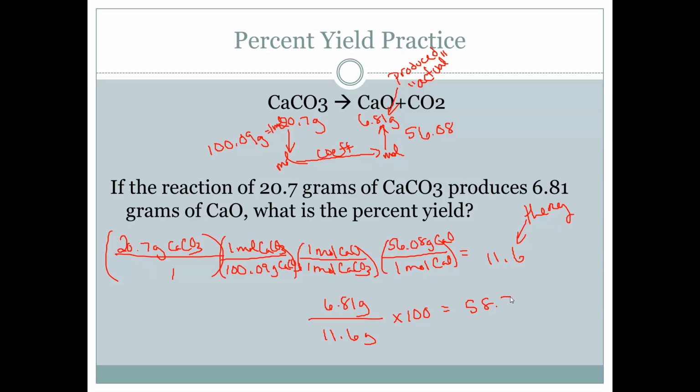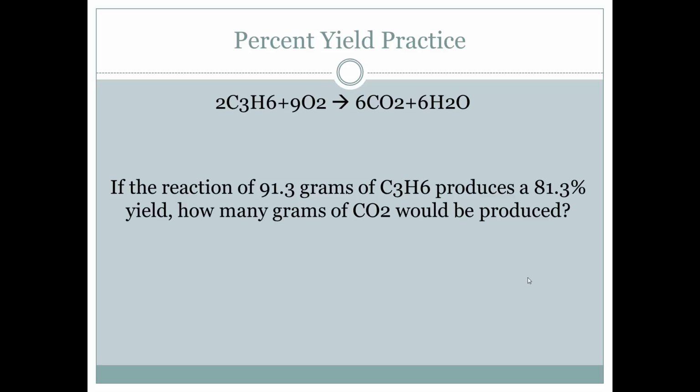Let's try this again. If the reaction of 91.3 grams of C3H6 produces 81% yield, how many grams of CO2? Because it's talking about the CO2, that's where I'm going to convert it to. And it's supposed to be 81.3%. We need to get from one to the other using the coefficients.